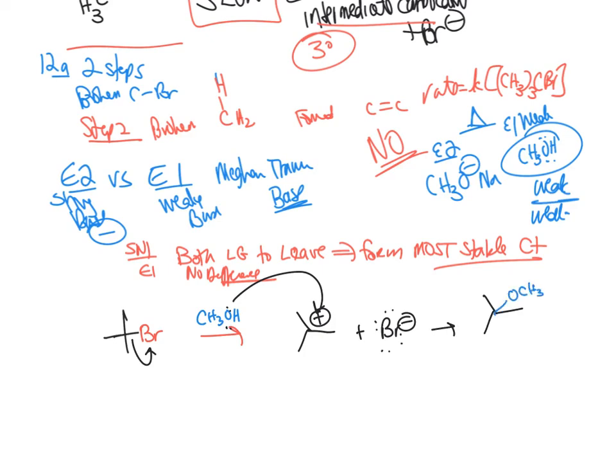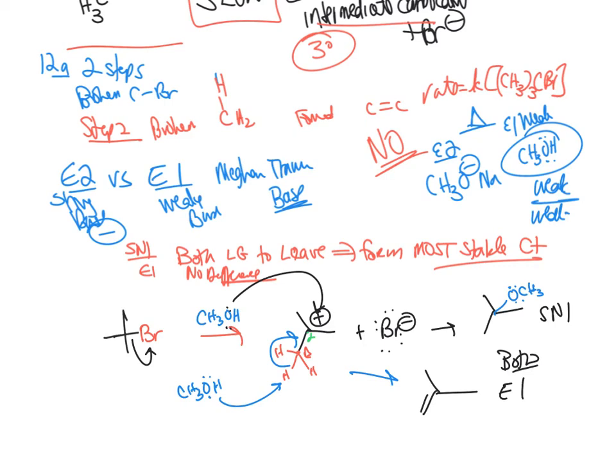We'll just go ahead and assume deprotonation. Or that's your alpha. This will be your beta. If methanol comes in and acts as a base, then you're going to get elimination. Okay, so E1, this is SN1. You're going to get both. Okay, so that's another problem. With carbocations, you tend to get both, mixtures of both.